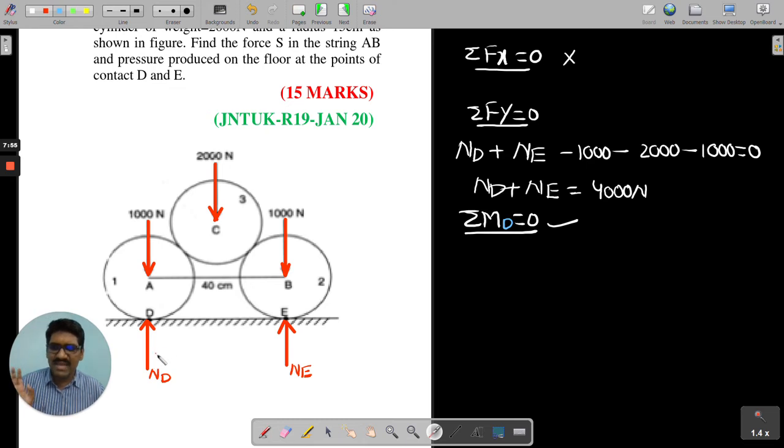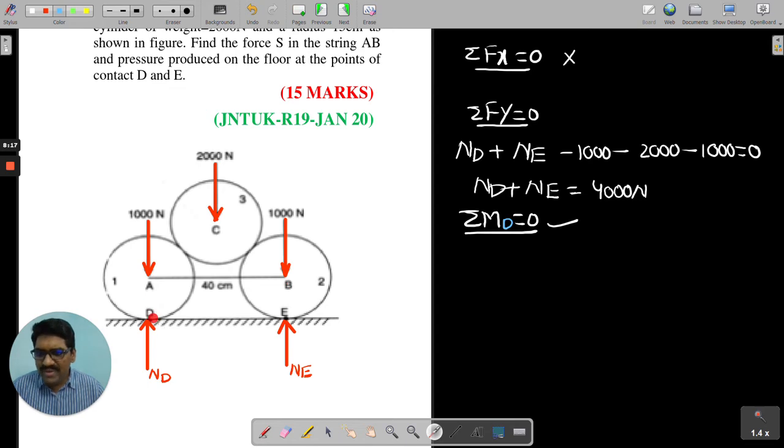Yes. Again, repeating, all of you. If you take any moment center, the force that is passing through that moment center, okay, its moment will be definitely equal to 0. Now here ND is passing through D, therefore moment of ND is becoming 0. Now NE is passing through E, moment of NE is becoming 0. There is a picture.